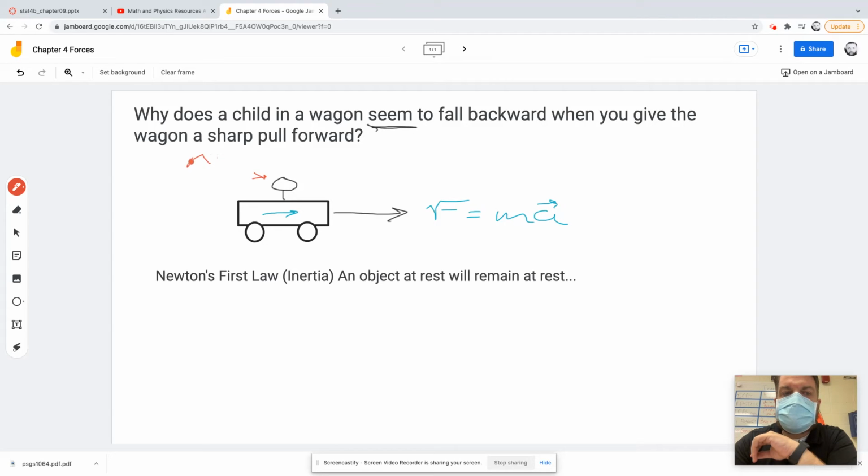They're at rest. So the wagon is going to be pulled. There's nothing really pulling on the child. So the child is going to try to stay at rest. Okay?